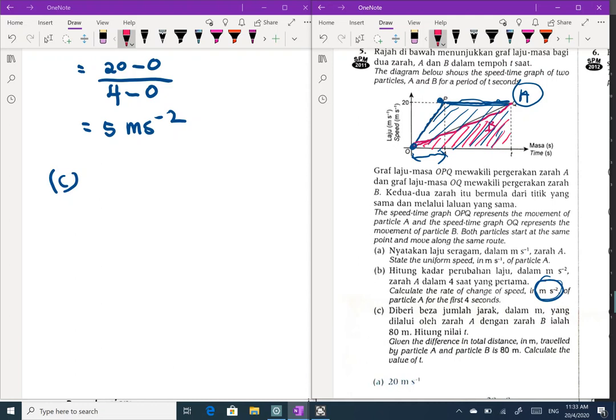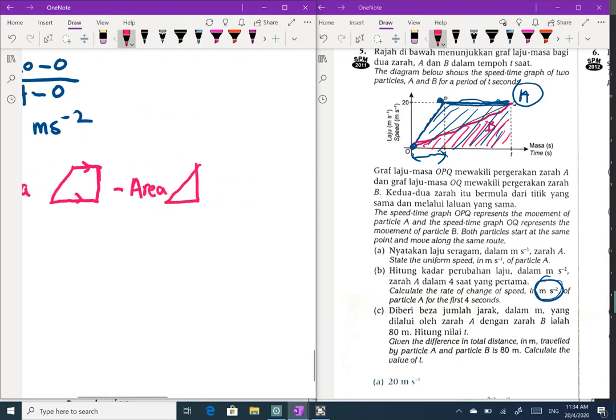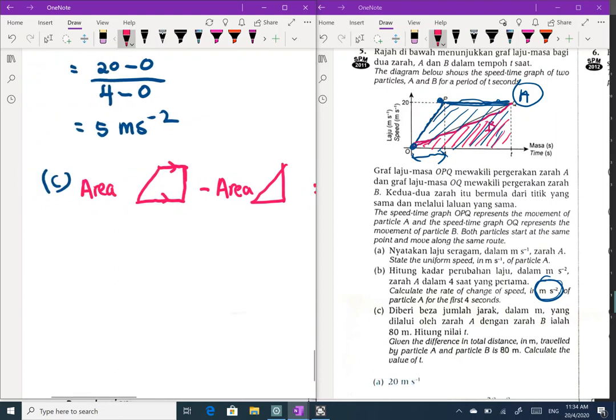So area of the A is the trapezium. So this is parallel minus area of the triangle is equal to 80 because of the difference.